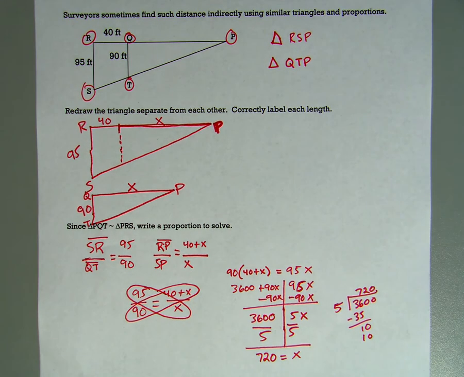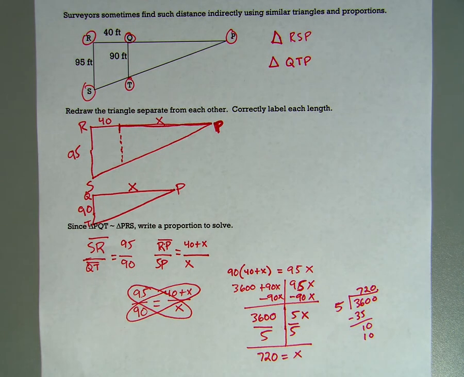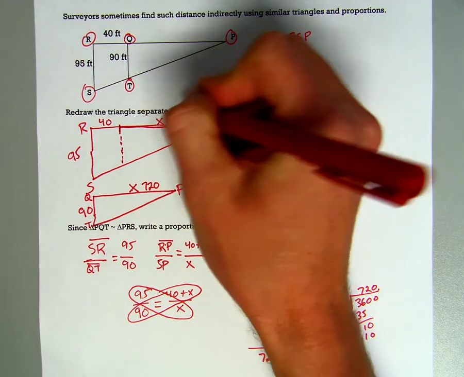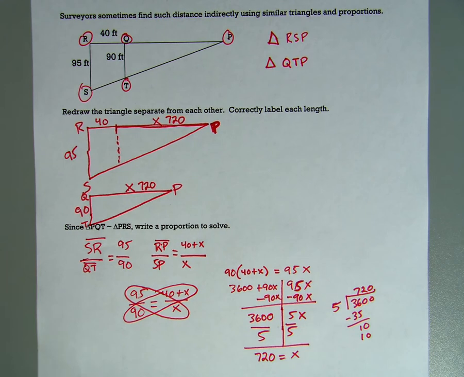So x is equal to 720. Okay, there's my x. And if I were to go ahead and plug this in up here, we have 720 on this side, and 720 on that side.